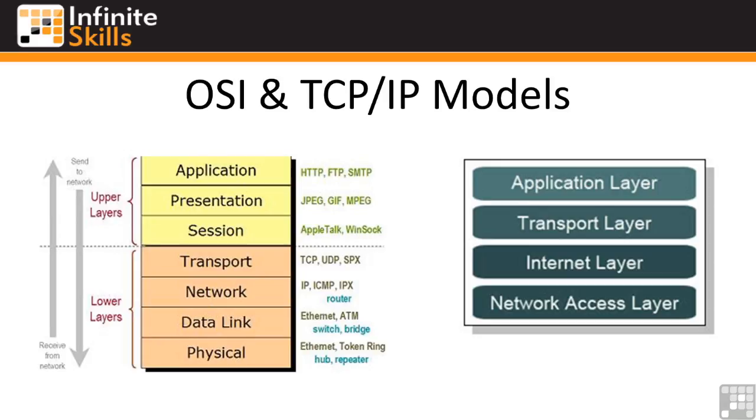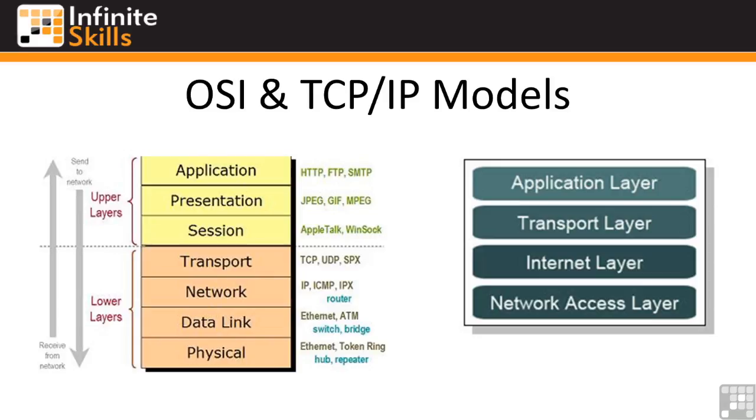Well, that really encompasses all of the functions of the 3 layers at the top of the OSI model, which are session, presentation, and application. So really the 2 stacks model the same behavior, they just take all of the same behaviors and functions into account. They just break them up in a couple of different ways.